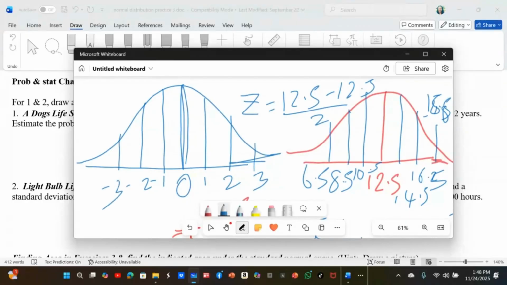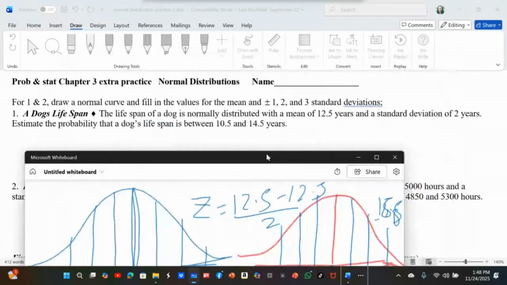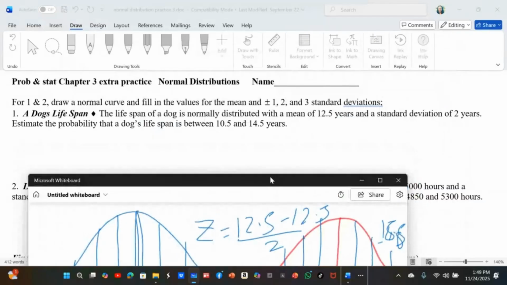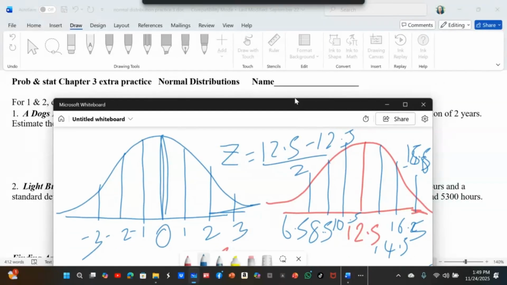So I can actually answer the question. The question they told me to answer is: estimate the probability that a dog's lifespan is between 10.5 and 14.5.